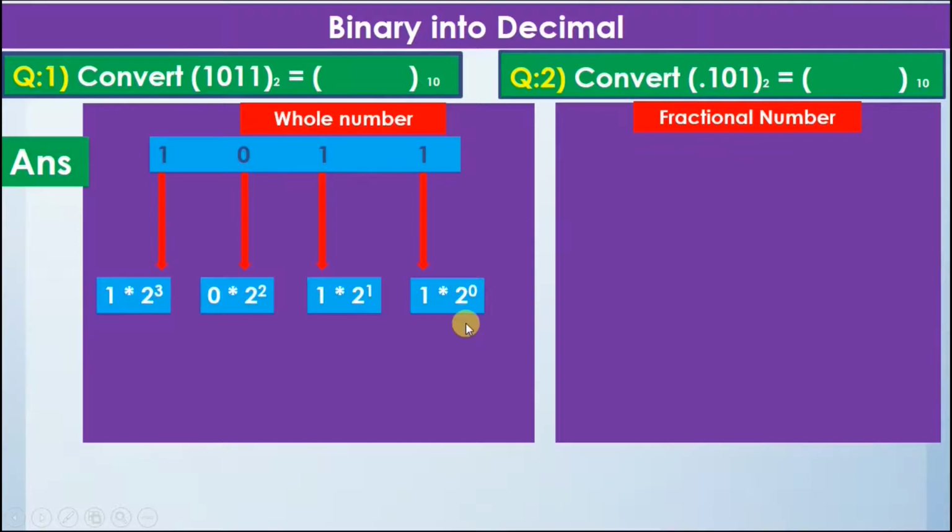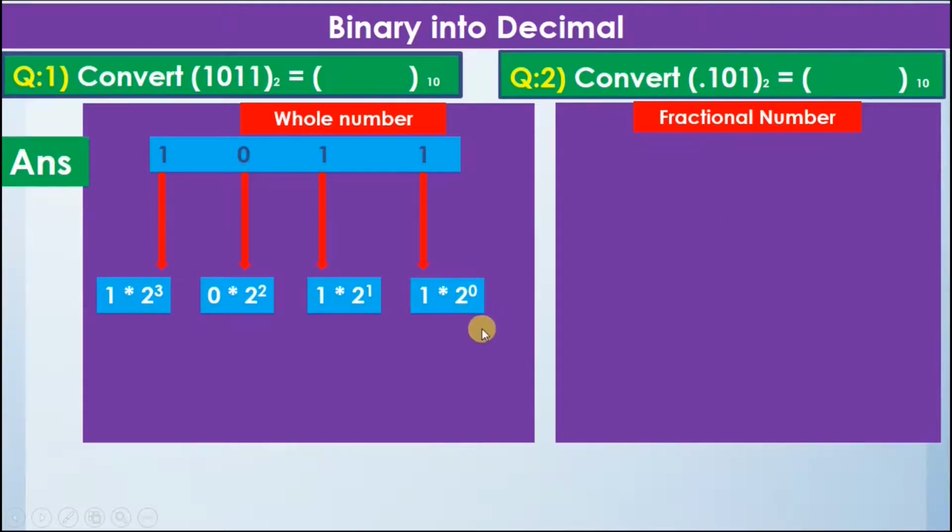As you can see, the powers of 2 are increasing from right to left, starting from 0 and then moving ahead. So in this way, we will solve all of the questions that have whole numbers.